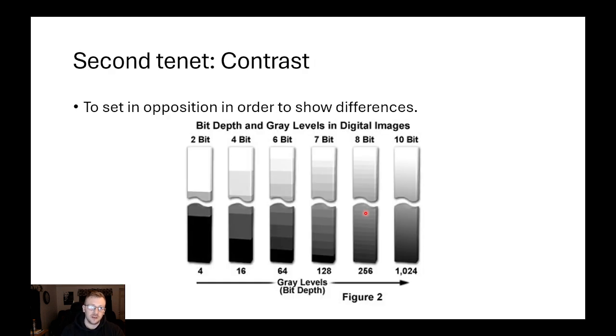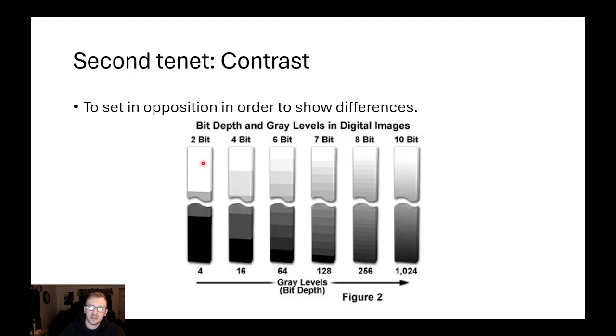Okay, second tenet, contrast. So we're trying to make things appear strikingly different, right? Well, the way we can imagine this is through what's called bit depth, and the way bit depth is applied when we're using a digital microscope approach. So we're setting an opposition to show differences. If we start here on the left, we have what's called a 2-bit image.